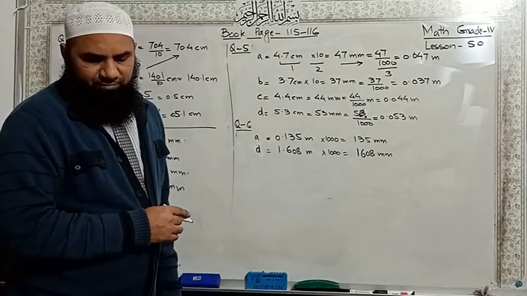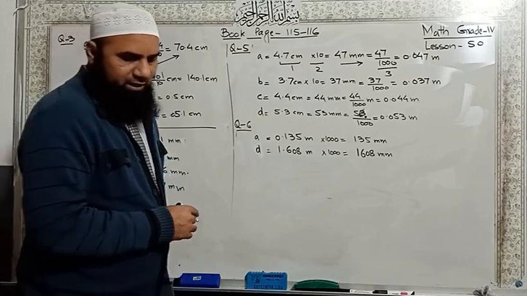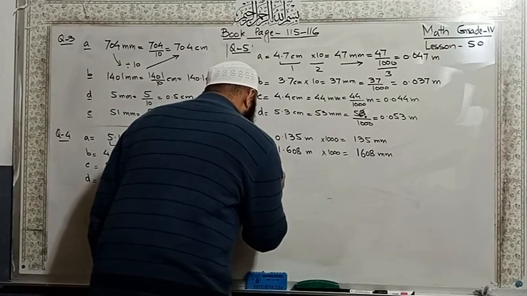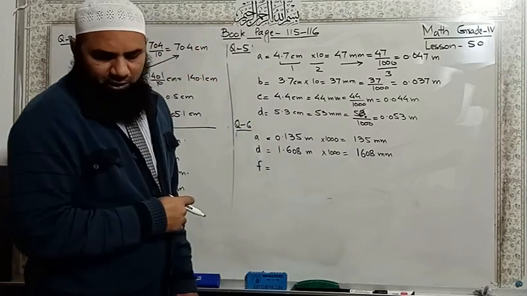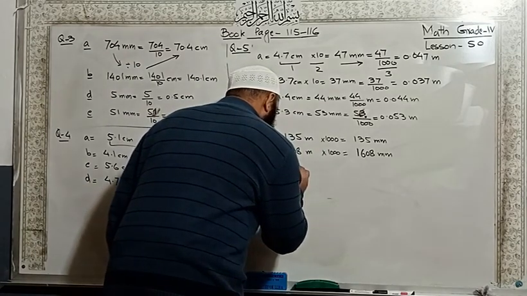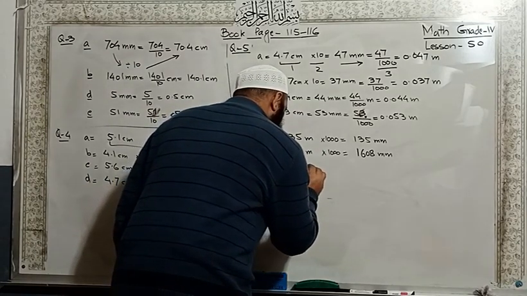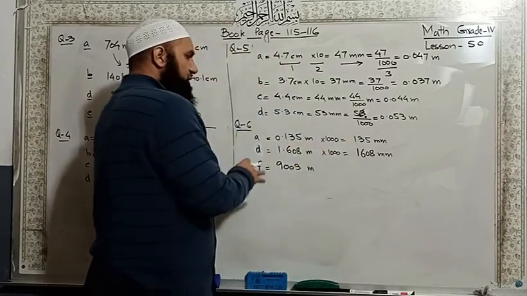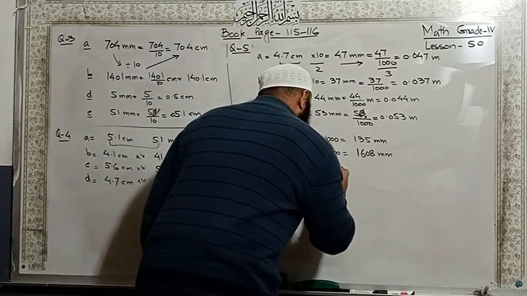Now see question number F. This is 9003 meters. To change into millimeters, we multiply by 1000.